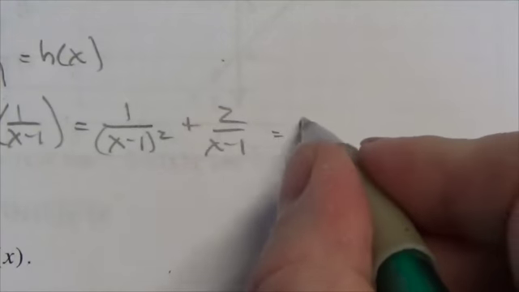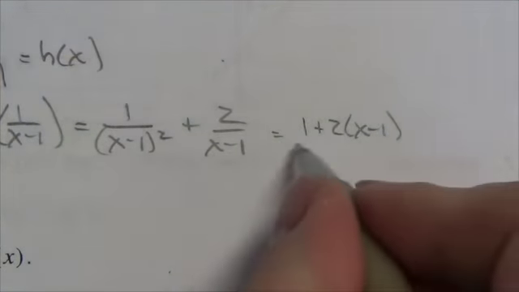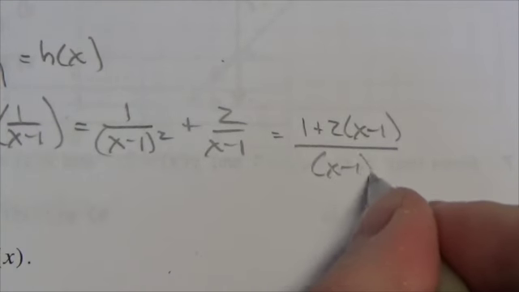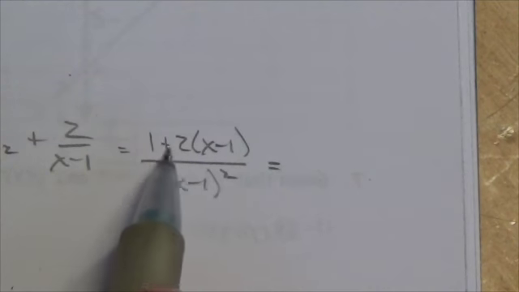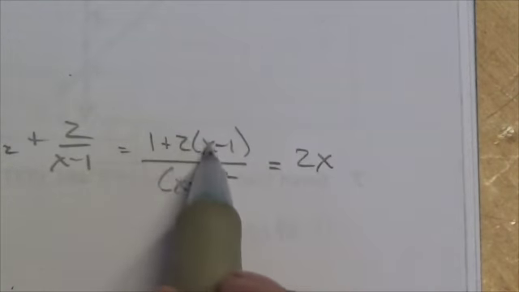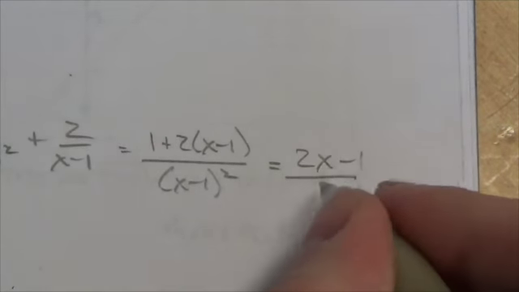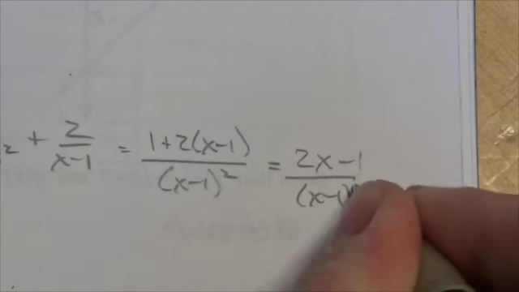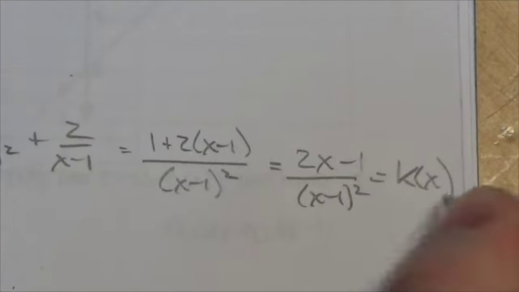And that's going to get me 1 plus 2 times x minus 1 all over x minus 1 squared. That's going to be 2x. When I multiply that through, I get negative 2 here, so 1 minus 2 minus 1, all over x minus 1 squared. And if I feel comfortable, I can call that k of x.